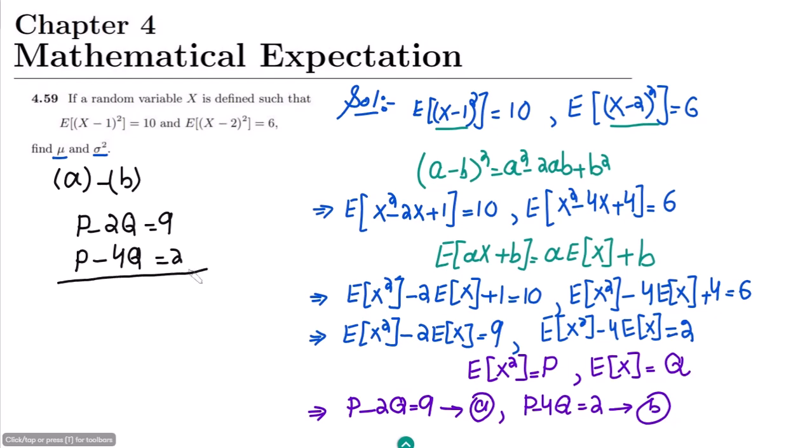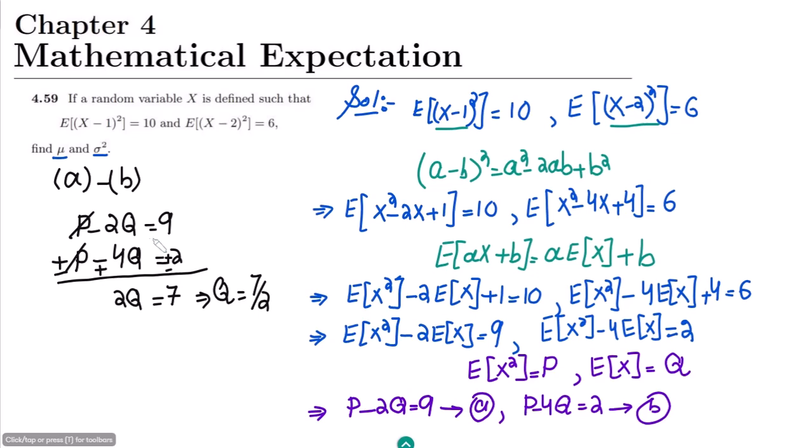In subtraction the signs change, so here p cancels out, and we get 2q equal to 7, or q will become 7 by 2. So this is what q is.